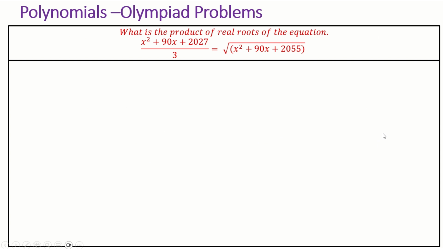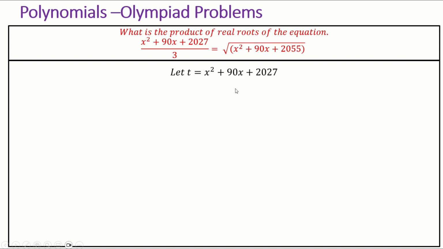Okay, next. What is the product of real roots of this equation? If you look at it, x square plus 90x is common on both sides. So you replace the whole expression with some constant, so that you can rewrite it in terms of that same constant.